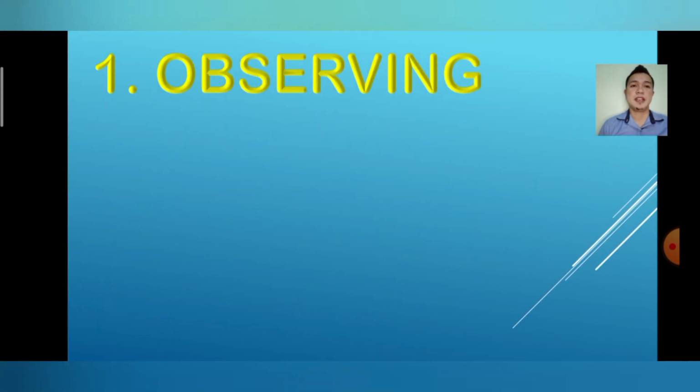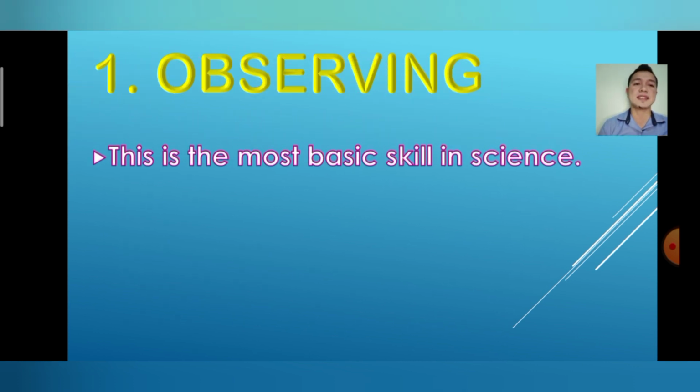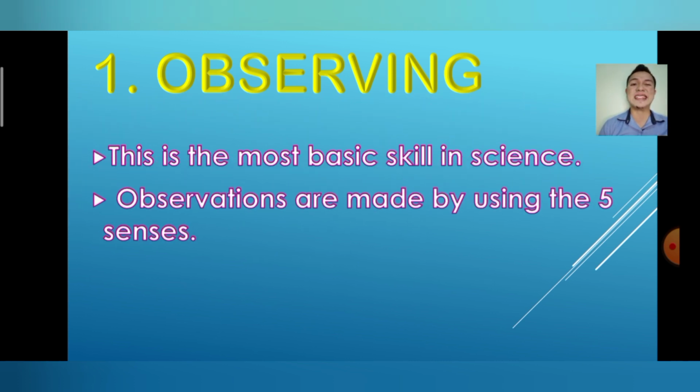Observing. So, what is the word observing? This is the most basic skill in science. You have to think about that twice. Observations, or shall we say observing, are made by using the five senses. How many senses? Five.